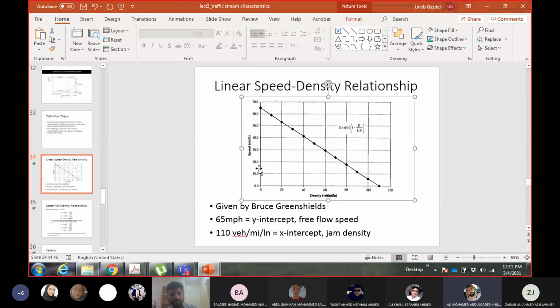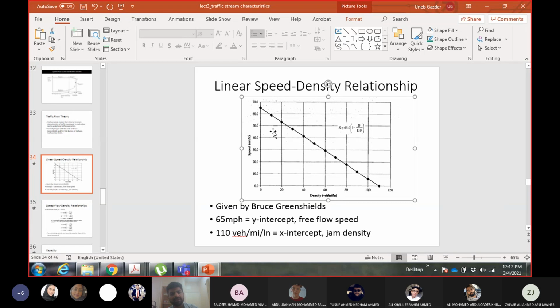It is 65. Now remember, I'm just showing you with an example how to develop the relationship between speed, flow, and density. These numbers are part of the example. The important thing is the procedure. We will cover two examples so that you know the numbers can change.